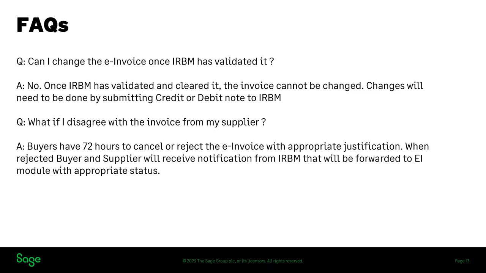And the changes will have to be done by the supplier by either issuing a credit or debit note, depending upon what is applicable, to cancel that invoice or make changes to it. That's done through the portal, and a notification comes back to us, and then we will get the appropriate status once it gets rejected or needs to be amended.